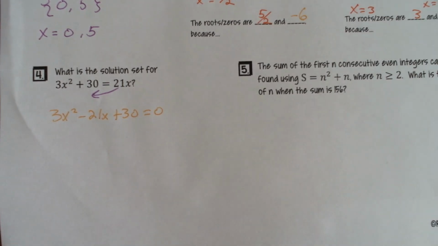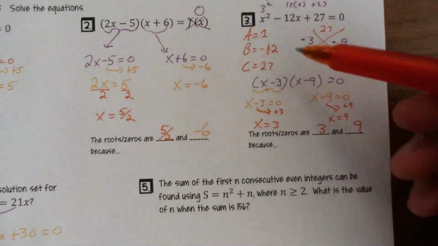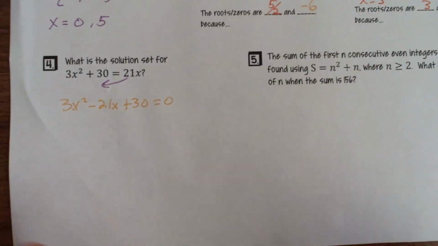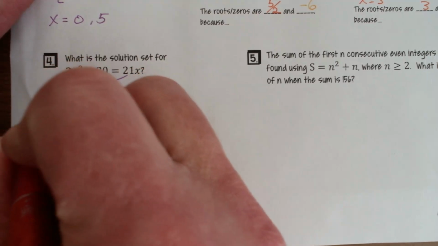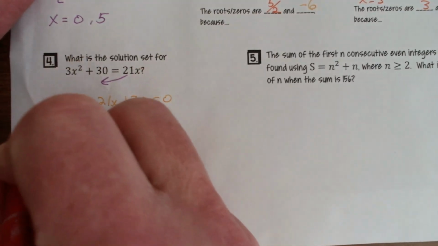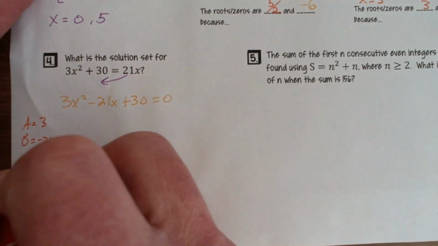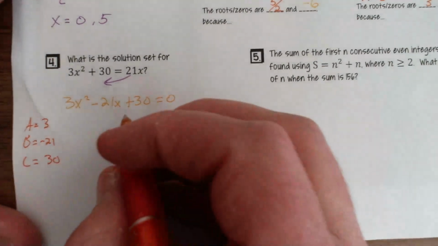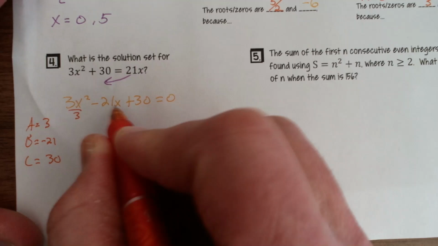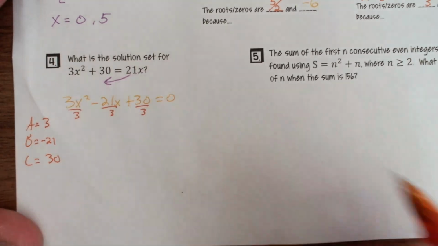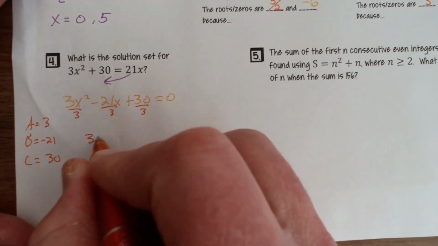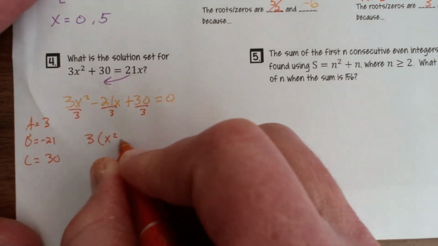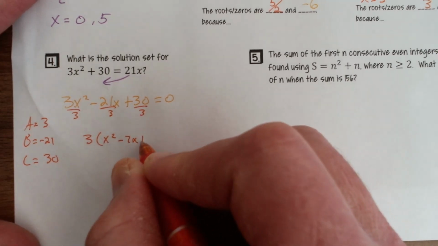But before I start factoring like I did in problem number 3 with my a, b, and c, I notice if I look at my a, b, and c, my a value is 3, my b value is negative 21, my c value is 30. All of those are divisible by 3. I'm going to want to divide that out. So I'm going to divide each one of these by 3. So this becomes x squared minus 7x plus 10.